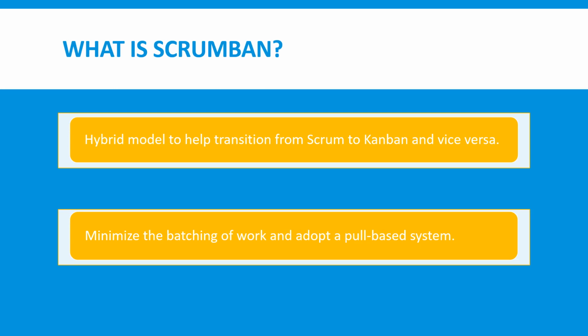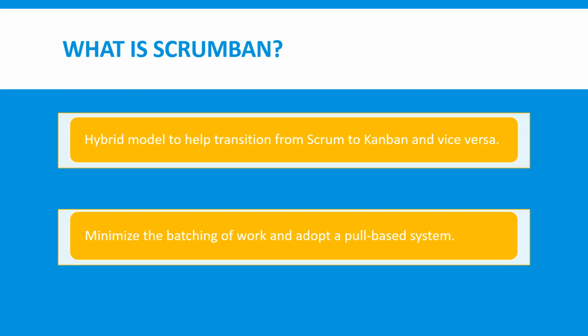So now, if both teams have to come together, collaborate with each other and deliver something, that's why with Scrumban we are putting the methodologies of Scrum and Kanban on the table to see how it looks, and minimize the batching of work.